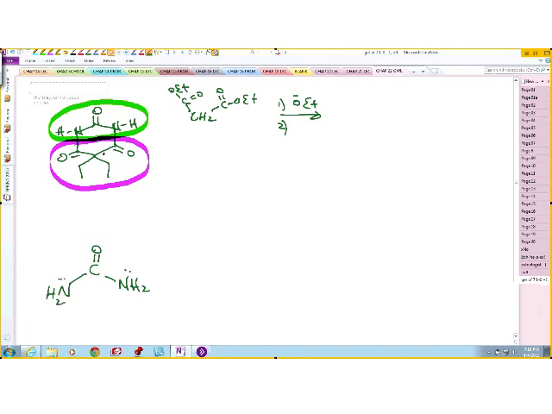Okay, so now we want to alkylate the malonate. Very good. You want to use ethyl bromide. Then you want to do a second alkylation, right? So step 3, another ethyl bromide.